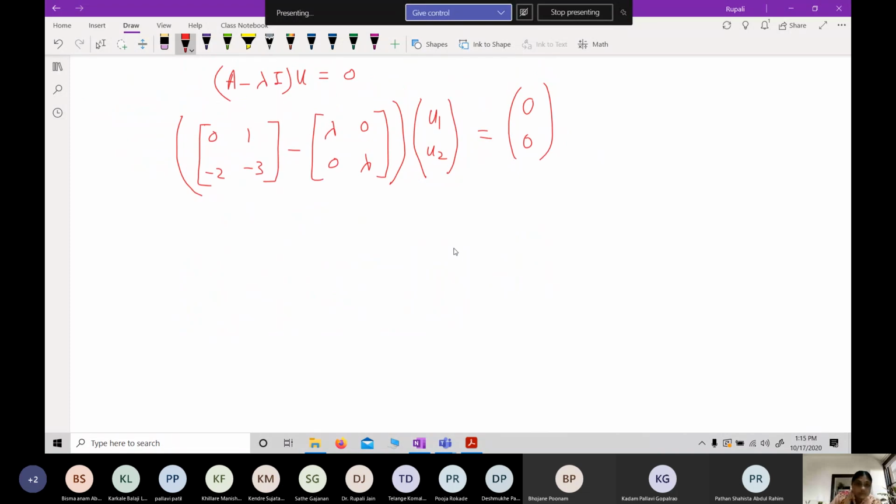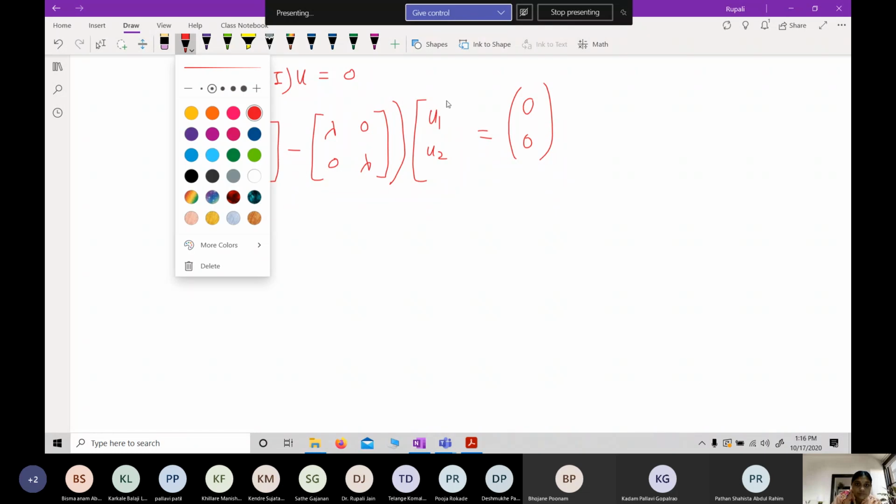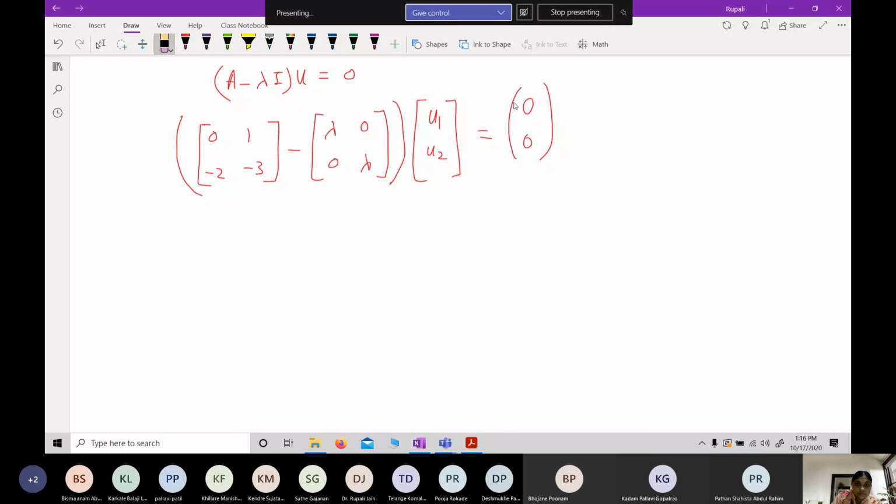Is that okay? This is also a vector. So consider the characteristic polynomial, and for lambda is equal to -1, you substitute here. Okay. So what is A minus lambda I?